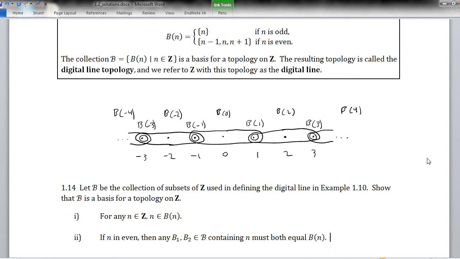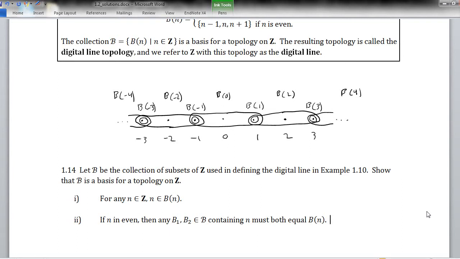Because if you look at any of the even integers up here, b of n is the only basis element containing n, right? So they're both equal to some b of n. Therefore, we can just take b3 to also be b of n, right? It still contains n, and it's contained in the intersection of b1 and b2. So that case is relatively simple.